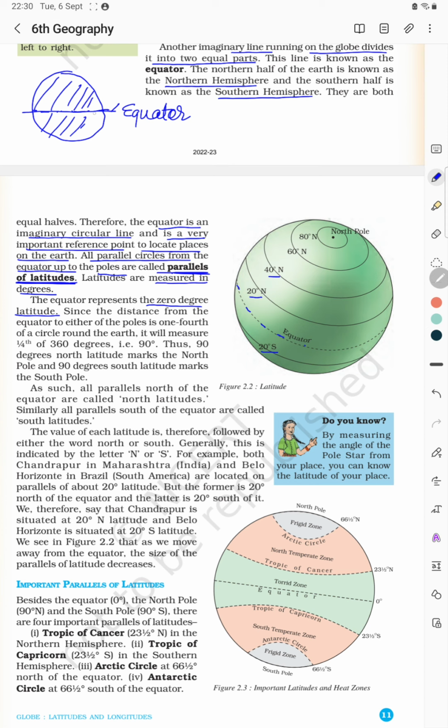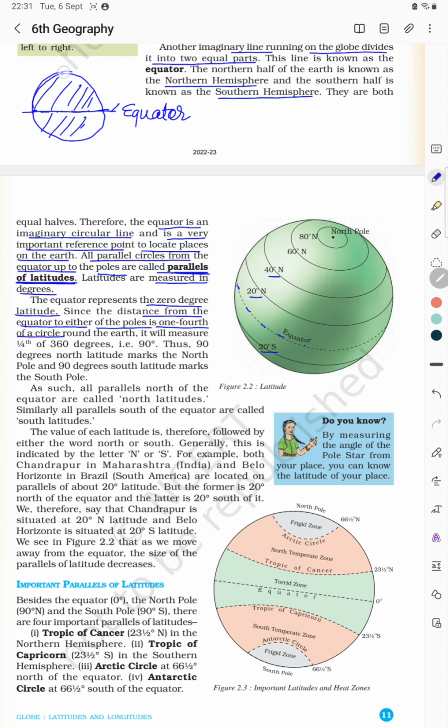The distance from the equator to either of the poles is a quarter of a circle.